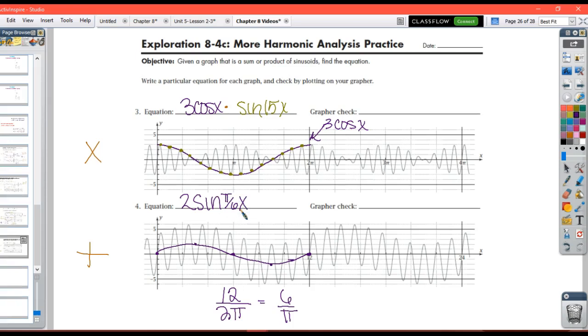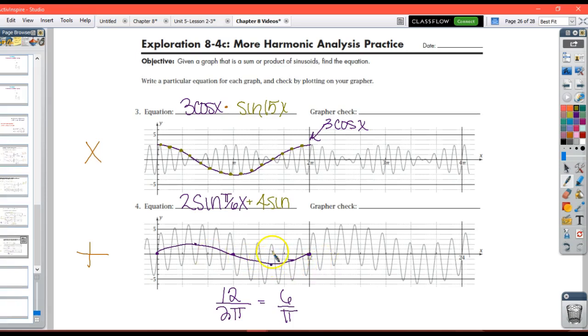So then the next one, the smaller sinusoid, we already looked, again the amplitude looks to be a little bit more than 4, but that's just because it's on the way up. So the amplitude is 4, and we are adding. It's another sine function since it's starting at the origin. And so now we have to figure out how many cycles there are. And again, you have to use what you have on your graph.